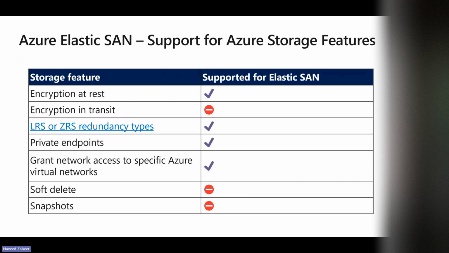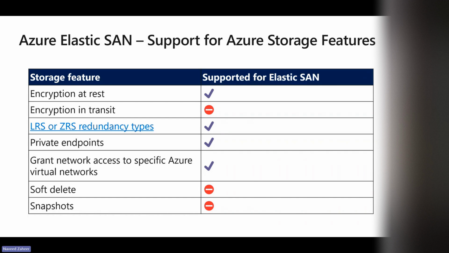Okay, now I want to spend a couple of minutes on what features of storage are supported. First of all, if you haven't noticed, iSCSI is the protocol that is at this moment available to connect to this storage area network. Just keep that in mind. Encryption at rest is available. It is at the moment through Microsoft Managed Keys.